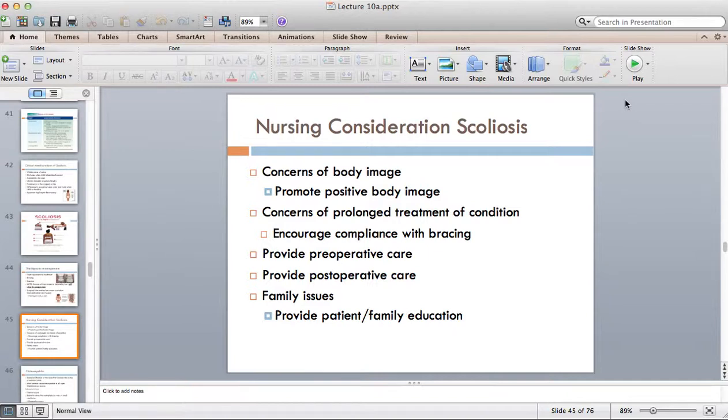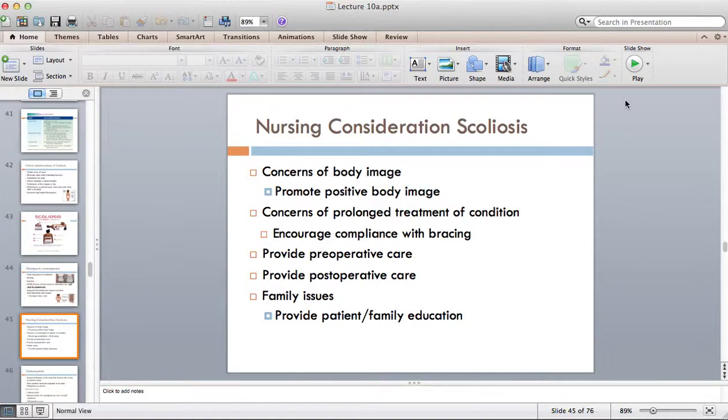Immediately post-operatively, after the spinal fusion and insertion of the rod, this person needs to be... pre-op first. Pre-operatively, you need to prepare the patient with everything you record in pre-operative situations, from the consent and all that.